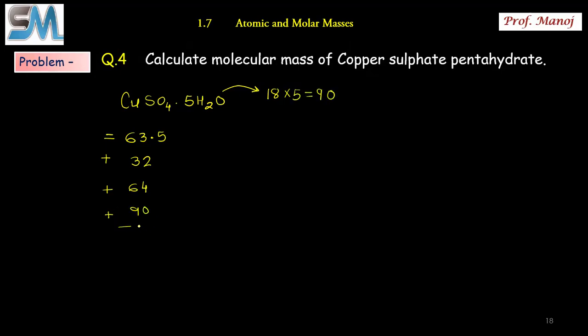So this is the component of water we are writing. I hope this calculation is understood. So we just need to do a total of this and that will be our answer. So the answer comes as 249.5 U or 249.5 gram per mole. Whatever unit they ask you in the exam.